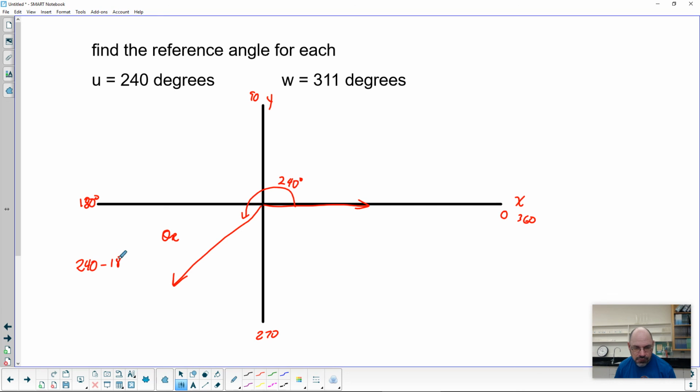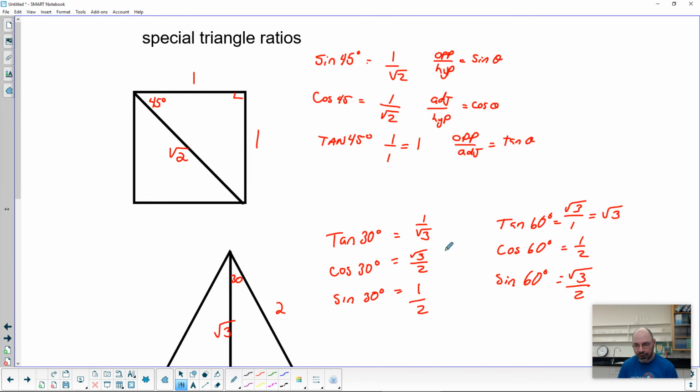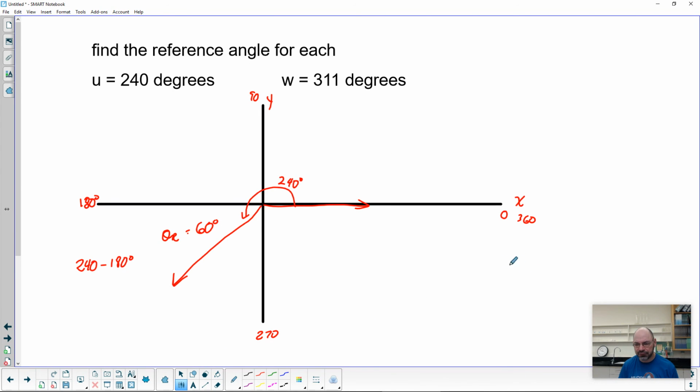So the reference angle there is equal to 60 degrees. So that's one of the special triangles. So if I ask you, what is the sine of that? You would go, oh, well, sine of 60. So you go back and look at your special triangle. Well, sine of 60 is root 3 over 2. And with CAST, that would be negative root 3 over 2 because it's not in the All or S quadrant. But don't worry too much about that until we get into that full on in the next area.